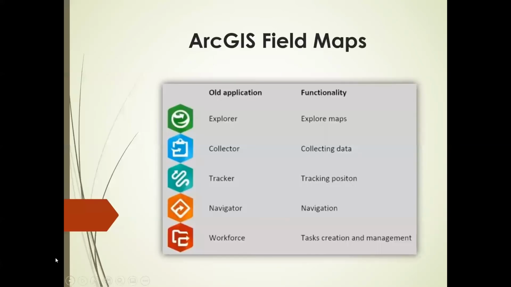Now, what is Field Maps? I mentioned Collector being what it was similar to, and that's because that's what the company really built it upon. It's built upon the same code foundation of Collector. And then these other 4 applications, Explorer, Tracker, Navigator, and Workforce, are all kind of going away and lending functionality to this Field Maps app. So it's really a robust application that's absorbing 5 previous mobile applications.